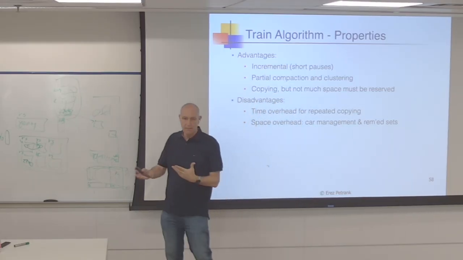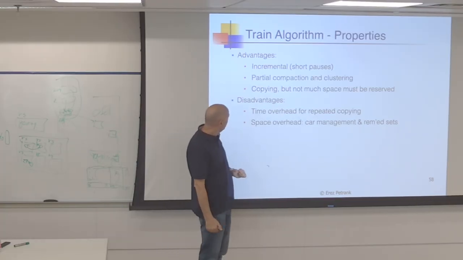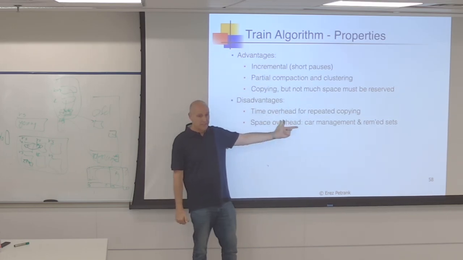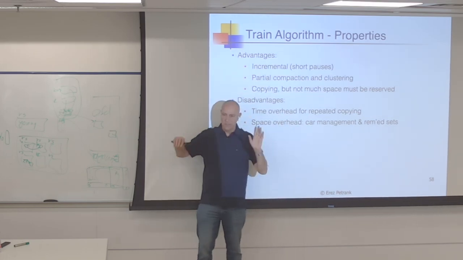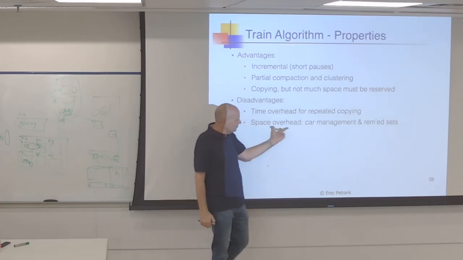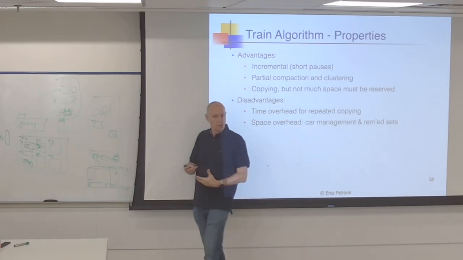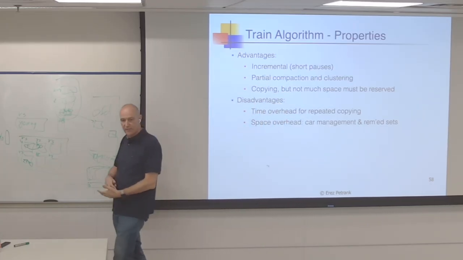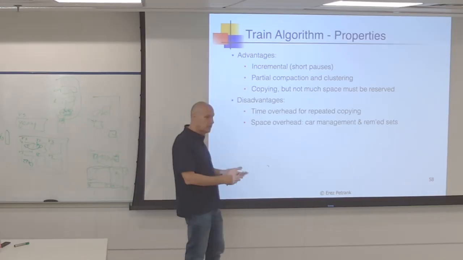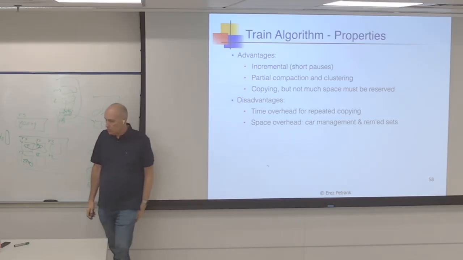I don't keep double space for copying. It's like partial copying. The disadvantages are some time overhead for repeated copying, since I move stuff between cars all the time, and space overhead because I need to keep all these remembered sets and manage all the cars. I have to tell myself, this car belongs to this train, it's this number in the train, and so forth. There's management to be done.